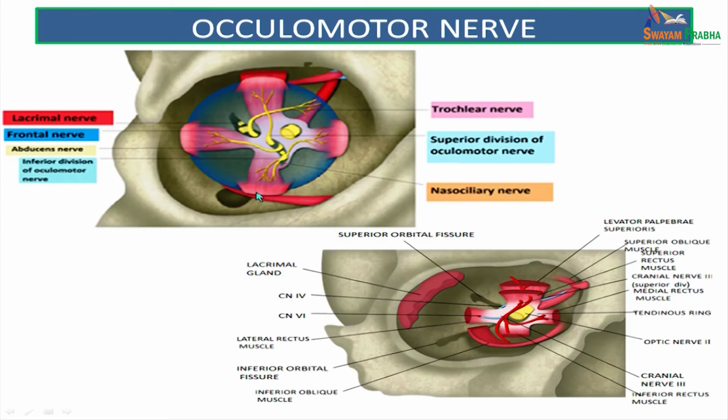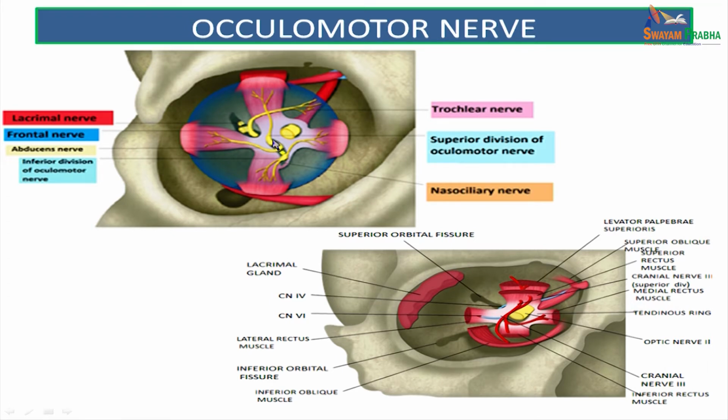So, once they enter into the orbit, this is how they look in the orbit for their destination. This is the tendinous ring of Zinn, which gives origin to all the 4 recti muscles. From the lateral compartment, this is the trochlear nerve, which supplies the superior oblique muscle only.